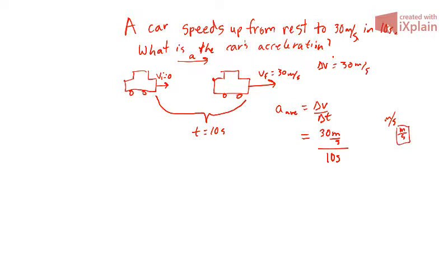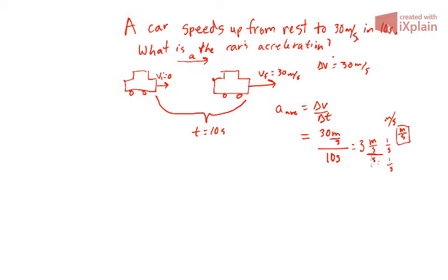So next we see 30 divided by 10 is 3, and then we deal with the letters. We've got meters per second per second. What do we do with that? Well, this is the thing that is a pain that we don't really want. So we're going to multiply top and bottom by 1 over seconds.